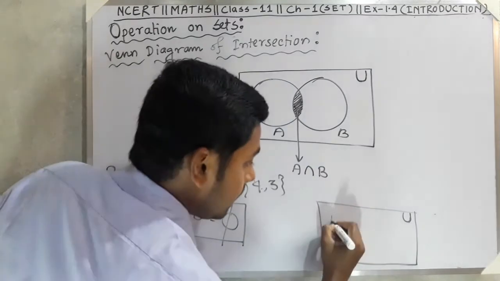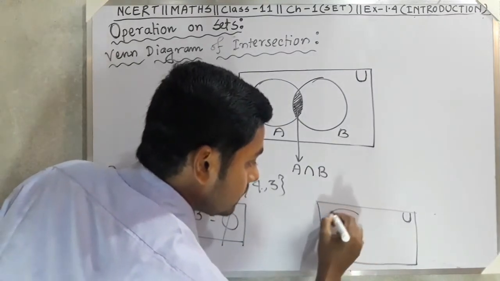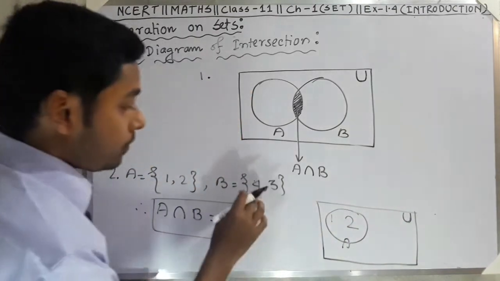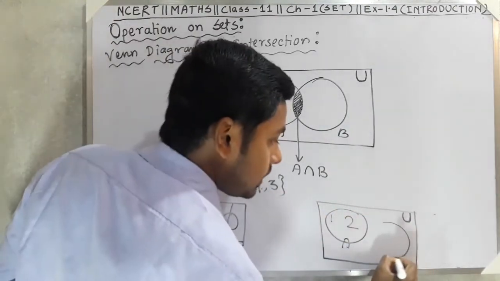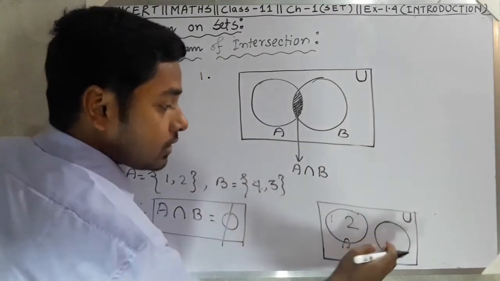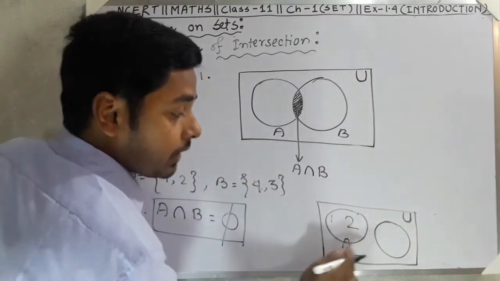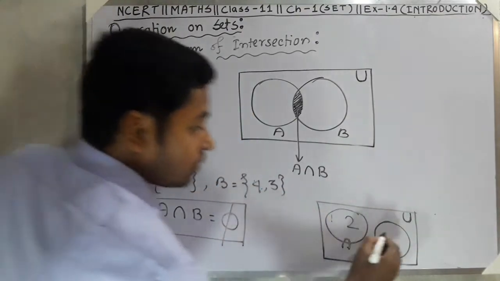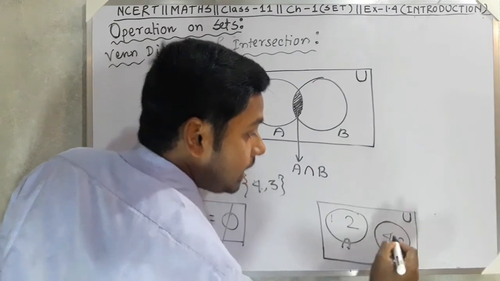Suppose 1 and 2 are in set A, and 4 and 3 will be totally separate from A, because both sets are not having any common point.